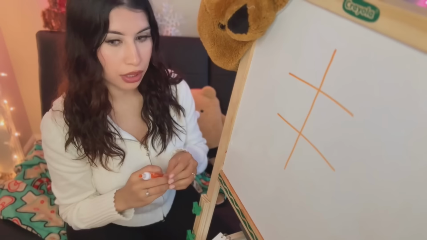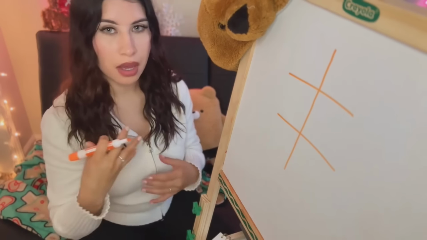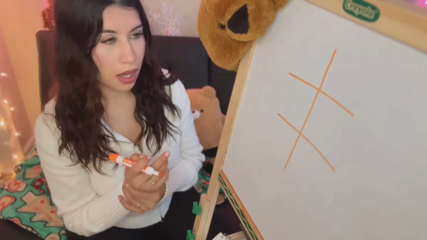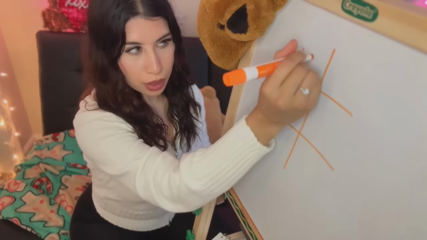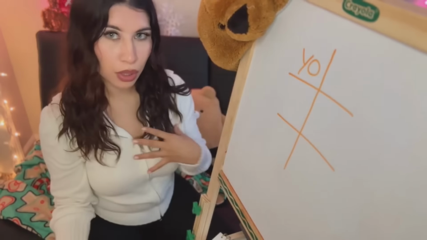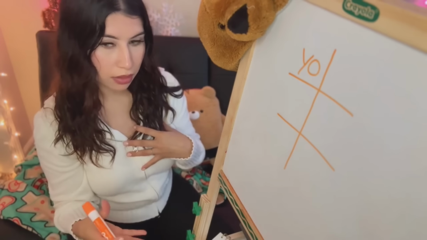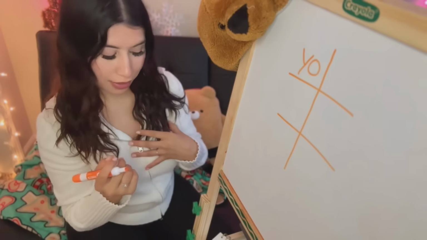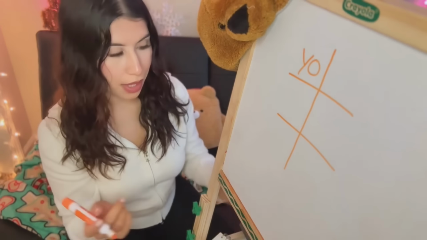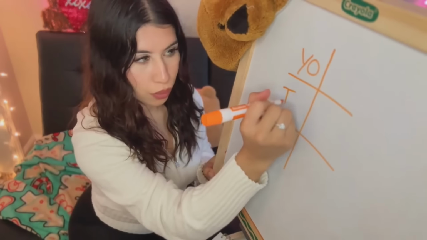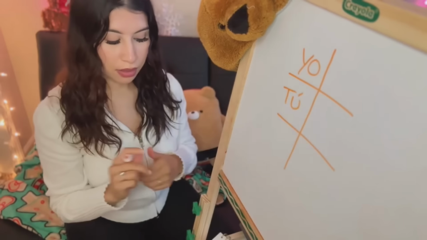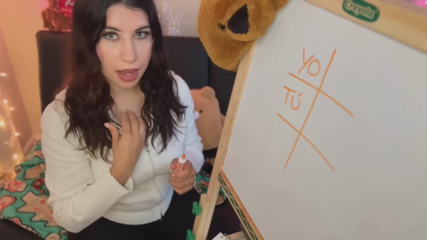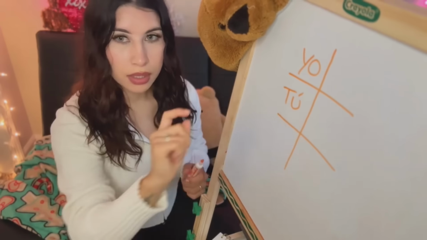So that would be in English, I or you, you know, all the pronouns with you. So here I'm gonna put yo. So yo means I. Say yo. Okay. And then we're gonna put tú, which means you. Yo is I, tú is you.